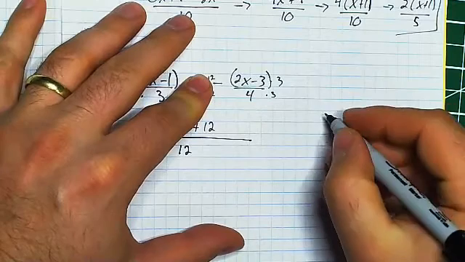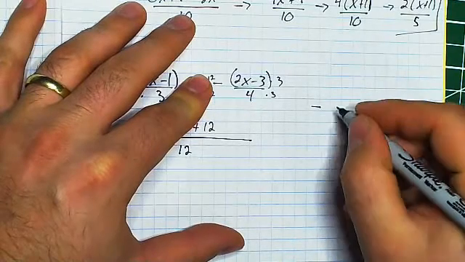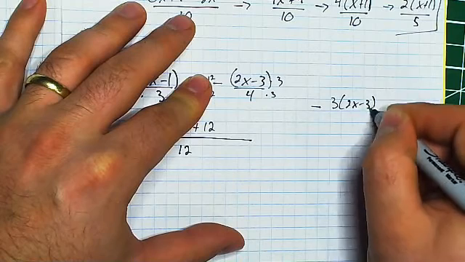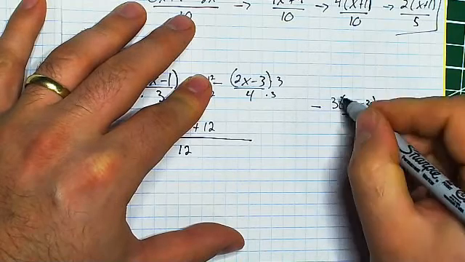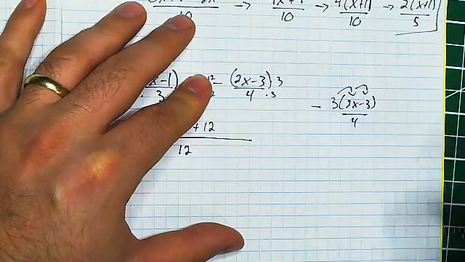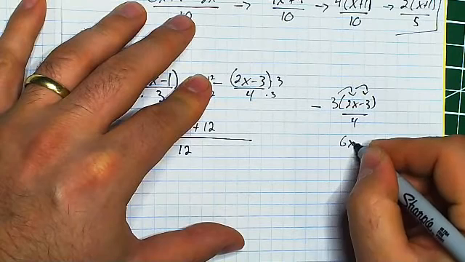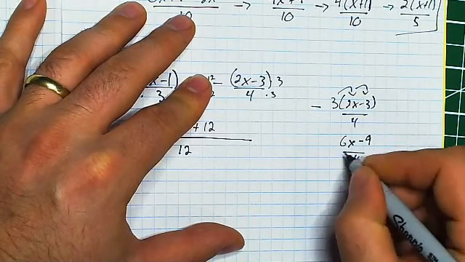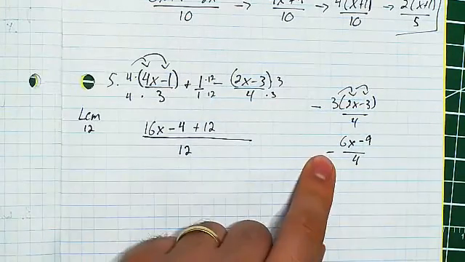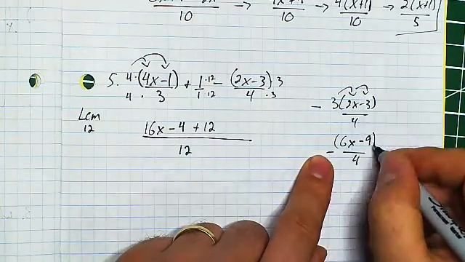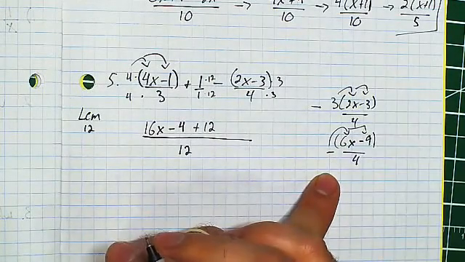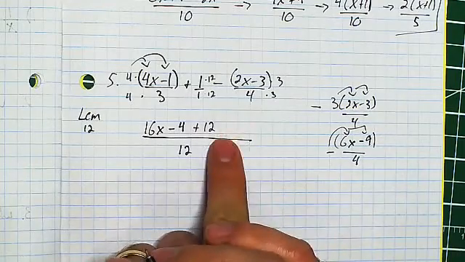I need a little aside here when it comes to this one, because what's really happened is we've got minus 3 times (2x minus 3) over 4. When I distribute this 3 into it, I'm simply going to get 6x minus 9 over 4. But because we're subtracting at the very end, this negative affects both my 6x and my negative 9.